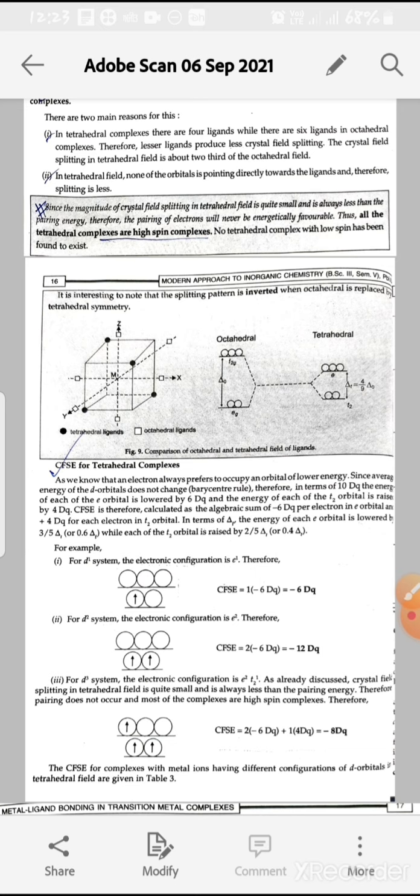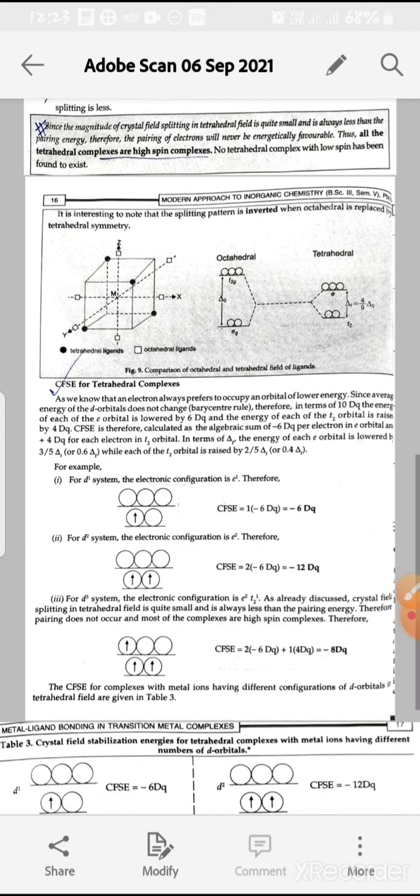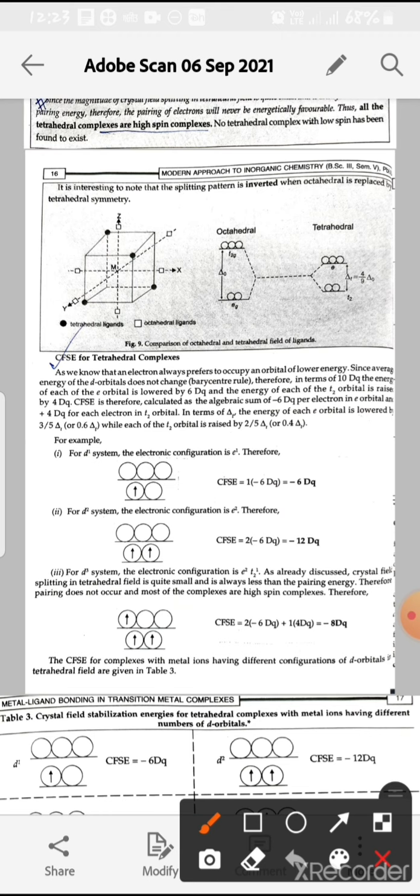Next is crystal field stabilization energy for tetrahedral complexes. In this, as we know, tetrahedral always forms high spin complexes, and the system is this. 2 orbitals will be on the lower side and 3 orbitals will be on the upper side. For example, in the d1 case, the first electron goes into the lower energy orbital, e set, and this energy is minus 6 Dq, and the upper energy is plus 4 Dq, opposite to the case of octahedral complexes.